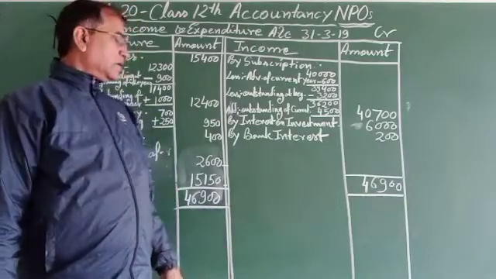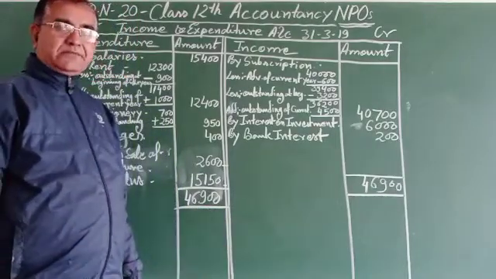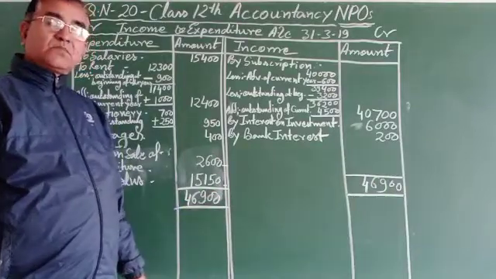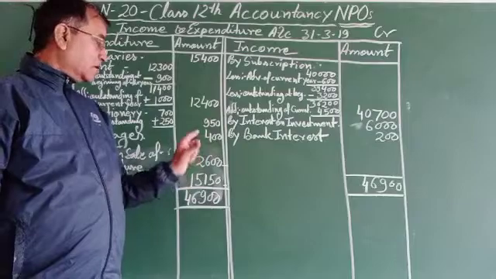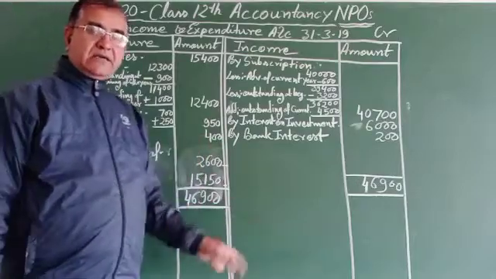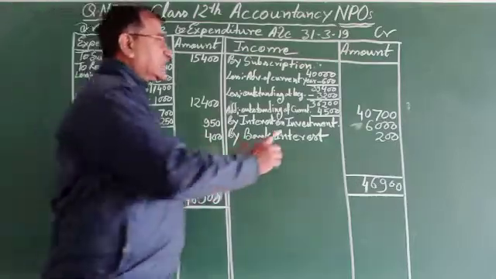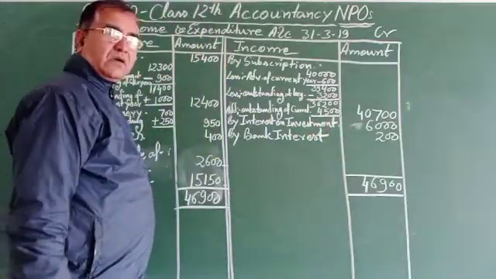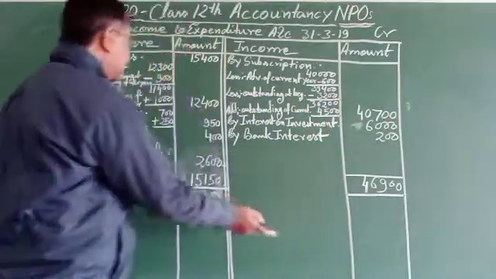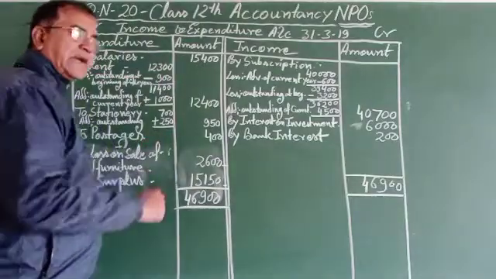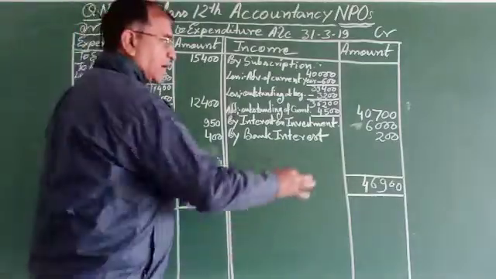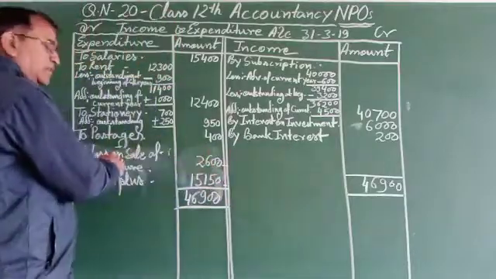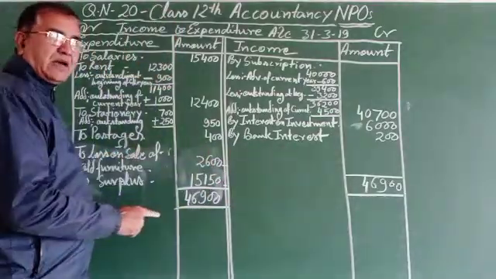So this is the way to find out the surplus or deficit. Now see whether the income column exceeds the total of the expenditure column. Total of the income column exceeds the total of the expenditure column.